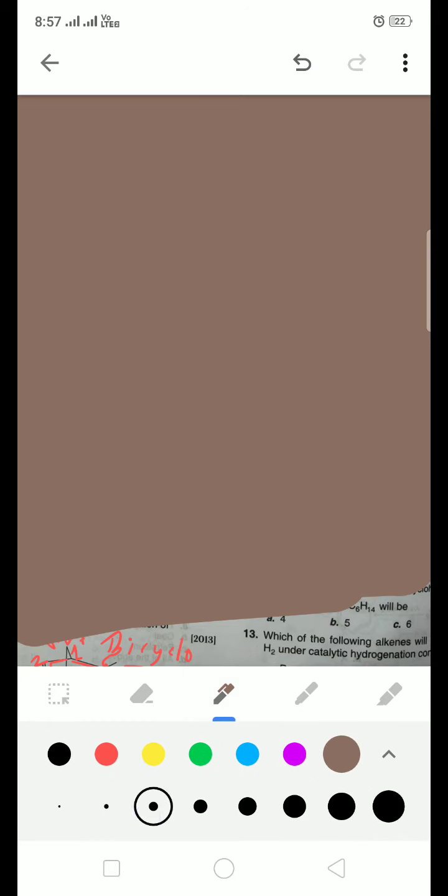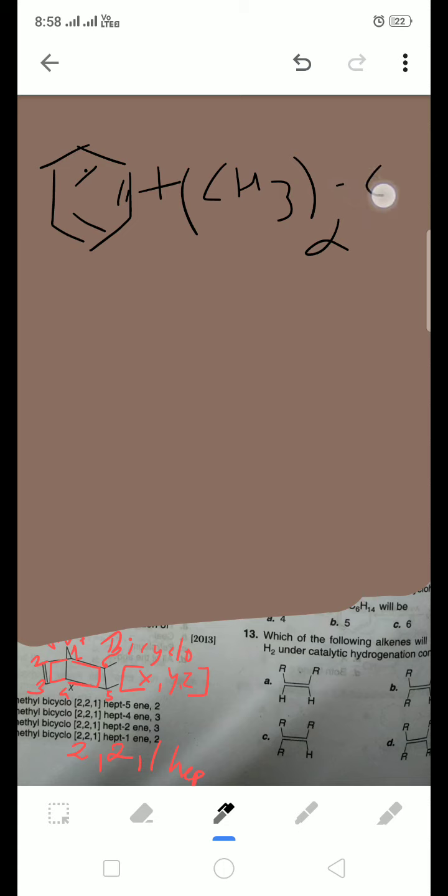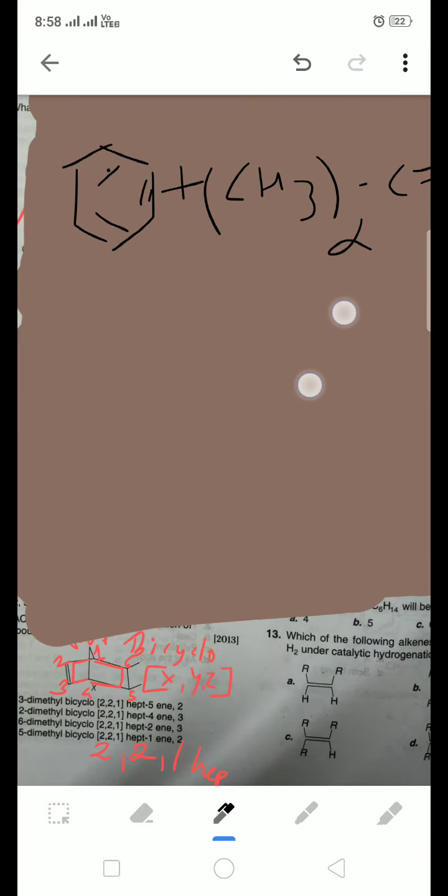Isobutene is CH3, CH3, C double bond CH2.